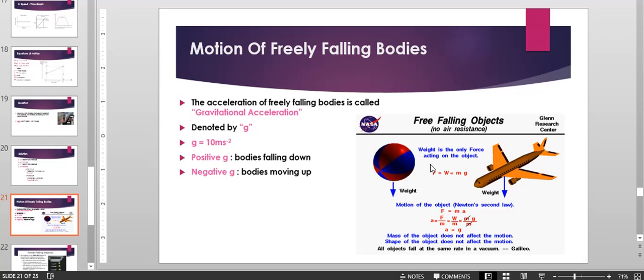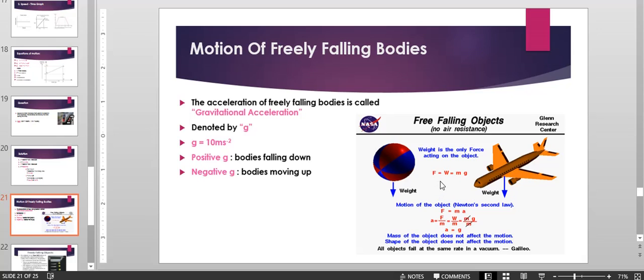As you can see in this example, weight is the only force acting on the object. This is a ball and this is an aeroplane. According to Newton's second law of motion, F is equal to ma, and if we want to find out the acceleration of these freely falling bodies, acceleration becomes F divided by m.